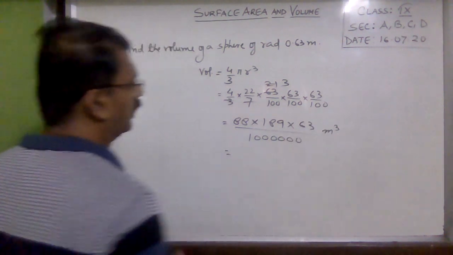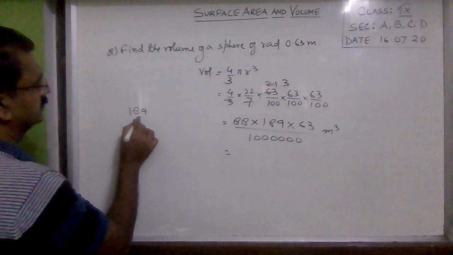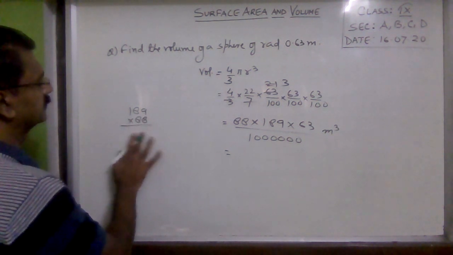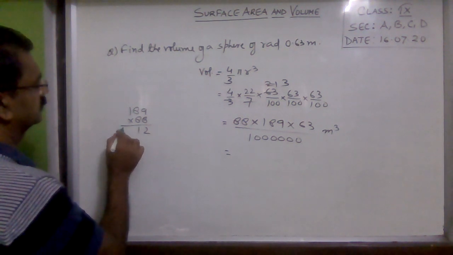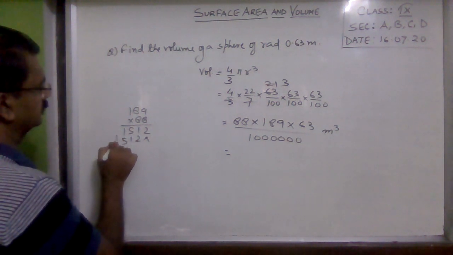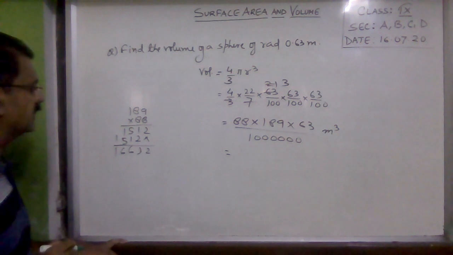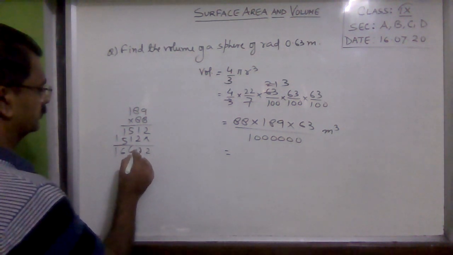Okay. Now first of all multiply 189 by 88. This is 16632 and then multiplied by 63.